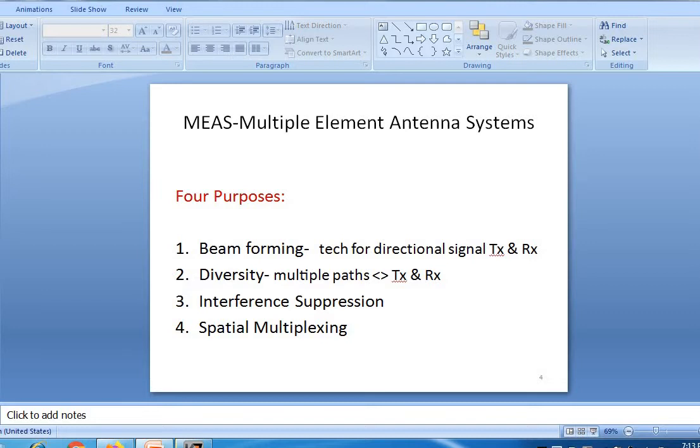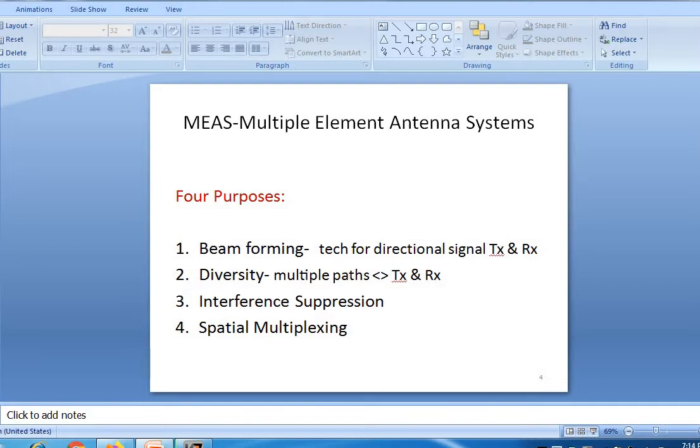Next, there is a system, I say, but what is present inside the system and what is the functioning of those elements? The elements present inside this system are called the multiple element antenna system. What is the purpose of those elements? They serve four main purposes.